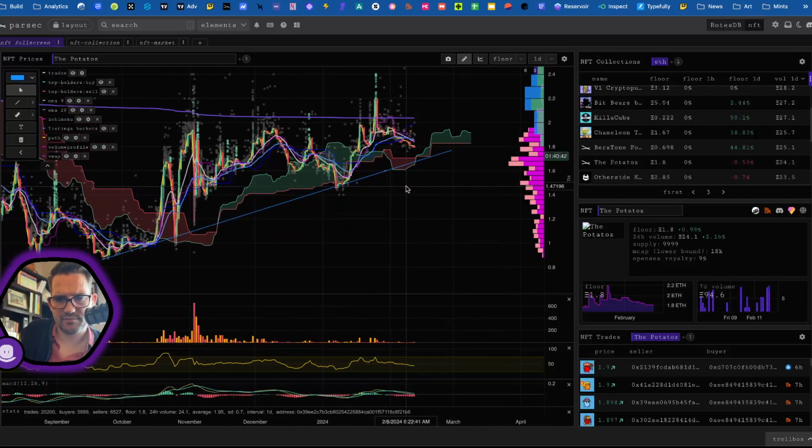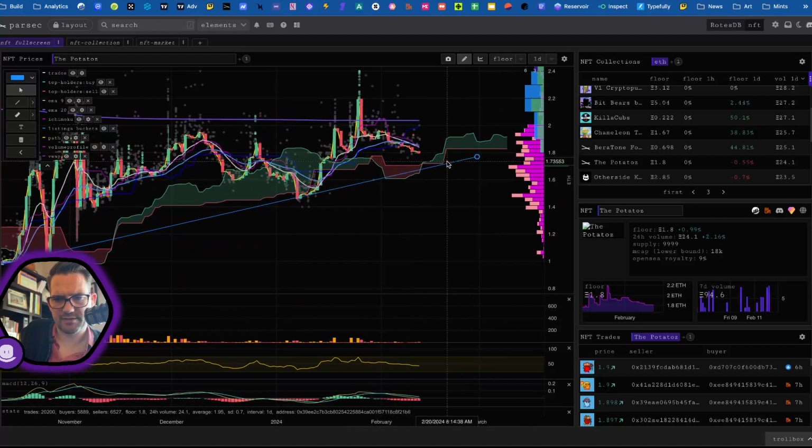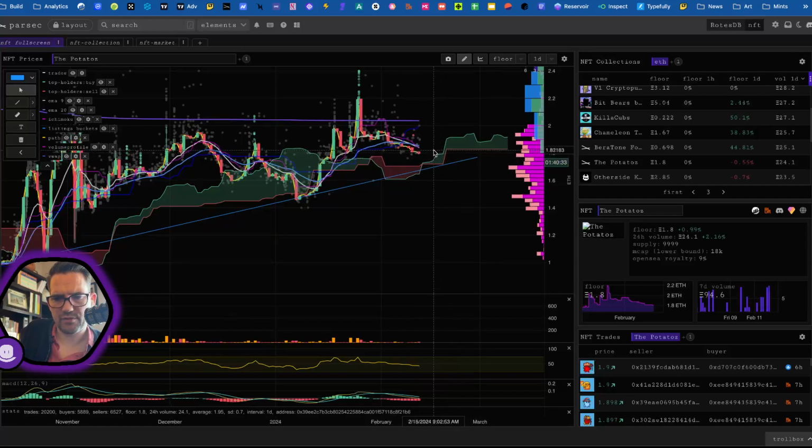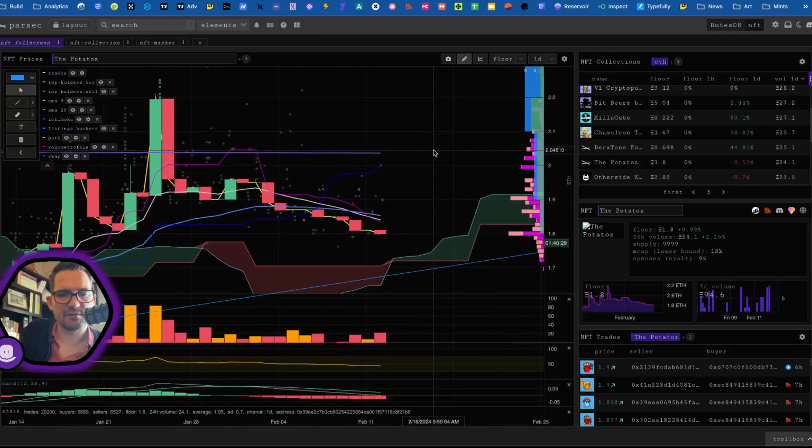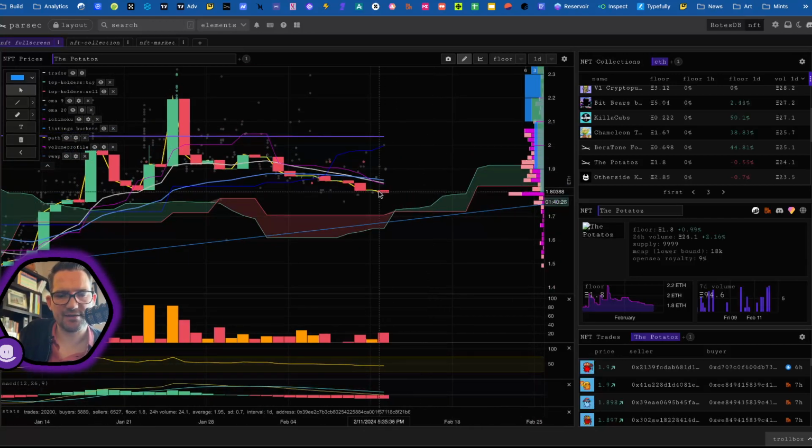So a bit bearish on potatoes here as well, maybe back down to 1.7. At 1.8 right now. Collection's holding pretty steady, all things considering in NFTs. Kind of breaking below a bit of support there.